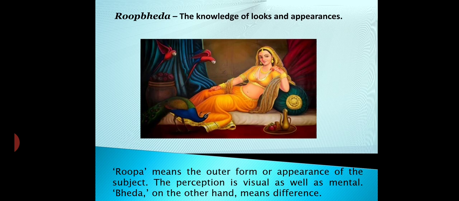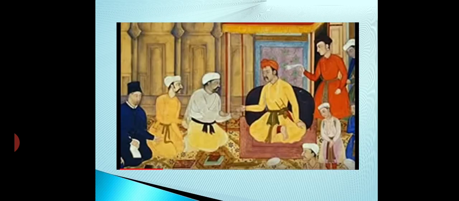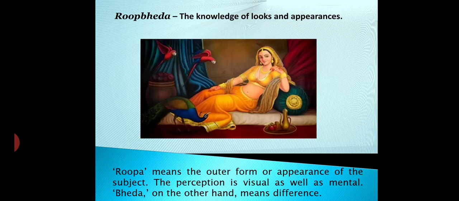Suppose you are painting a king. The king should look different from his ministers, as shown in the picture, or the king should look different from his courtiers. While you are drawing the figure of anybody, if you are drawing a parrot, the parrot should not look like a crow.